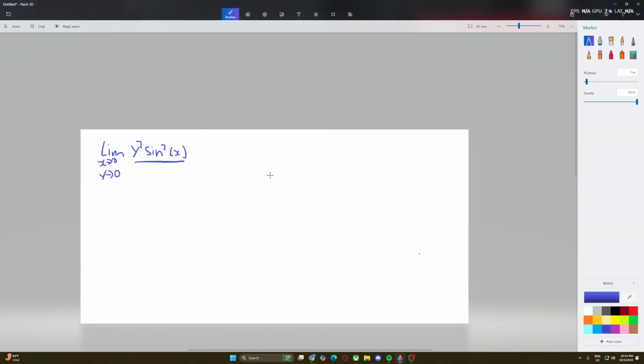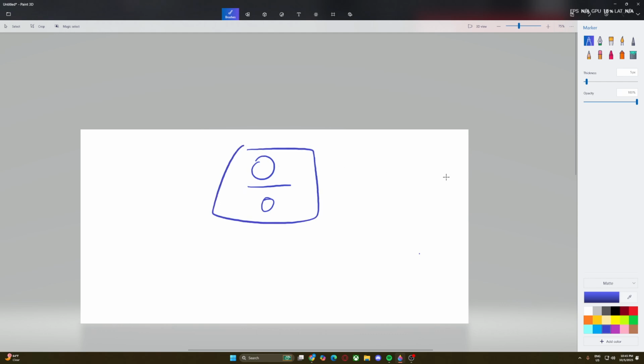Some of you guys might be wondering from the previous problem with y squared, the previous question was 0 over 0. How are you supposed to know that the limit actually did exist even with the 0 over 0? And it comes down to just looking.